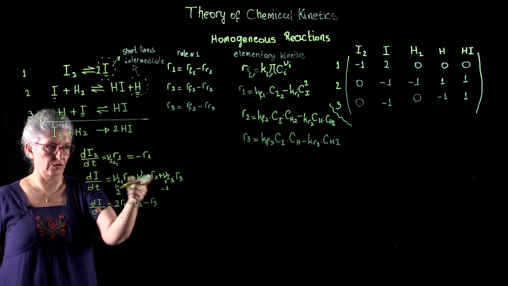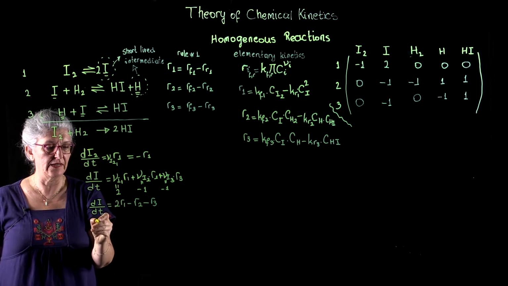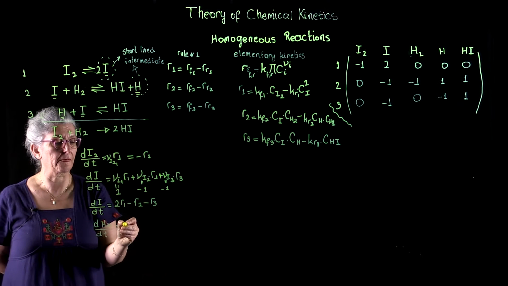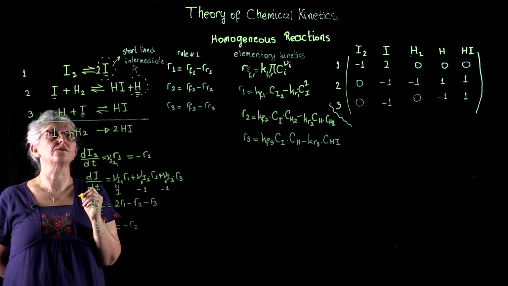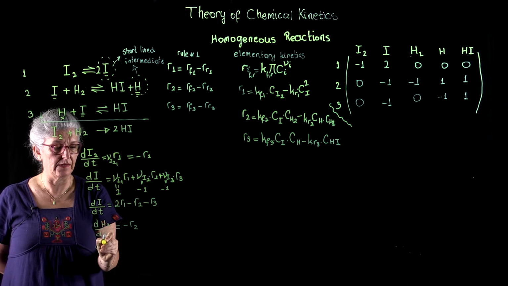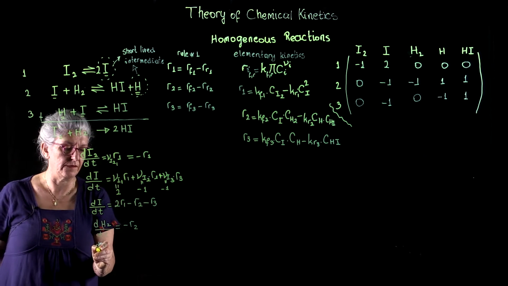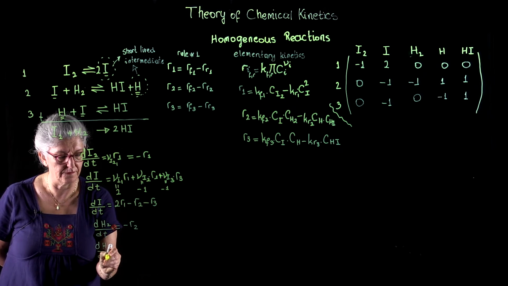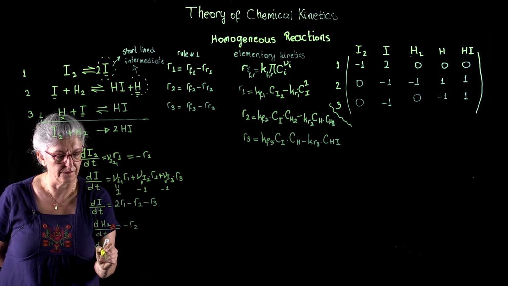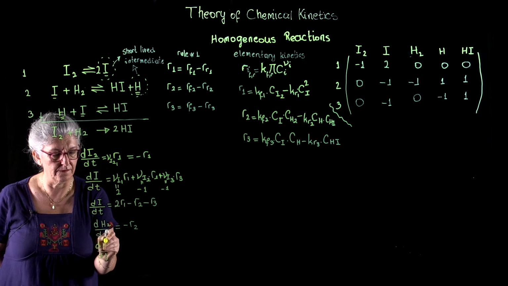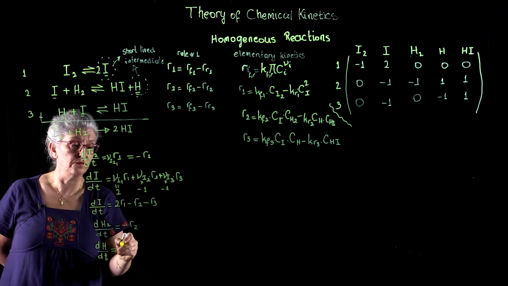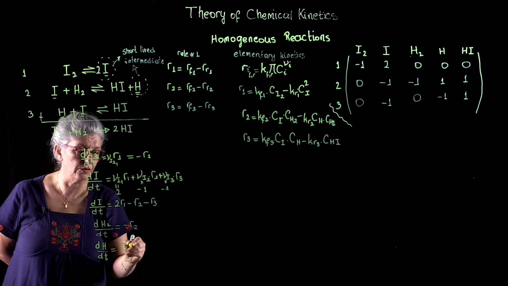Now, I'm not going to repeat that for the others. I will just write their final form. dH2 over dt is equal to minus R2, and that's it. dH over dt is equal to R2, it's produced by R2, minus R3.